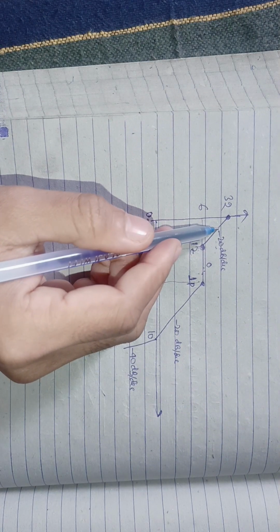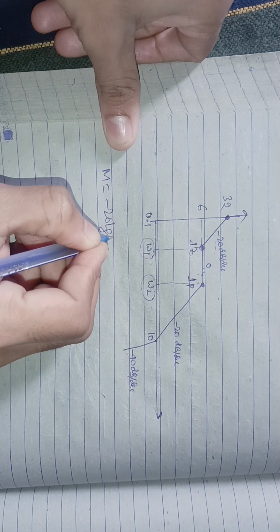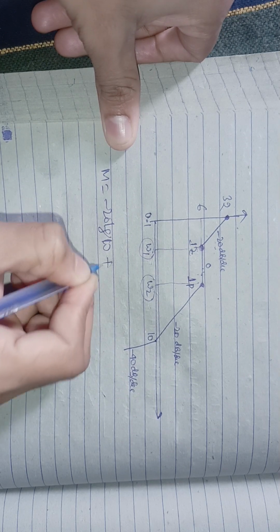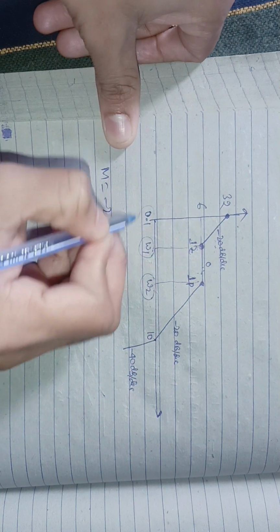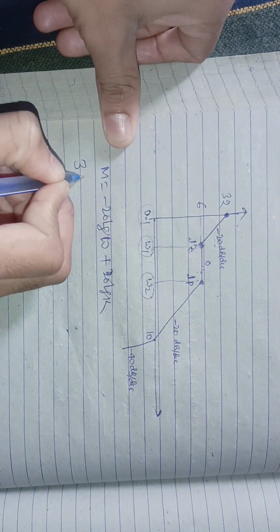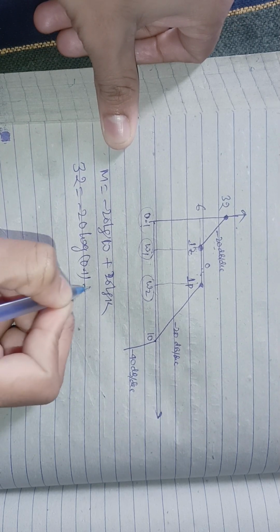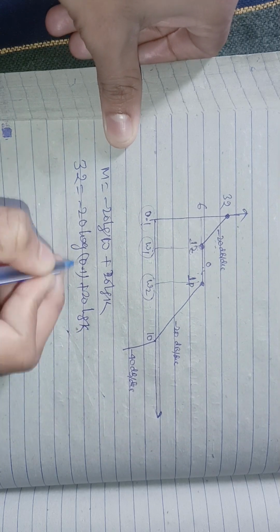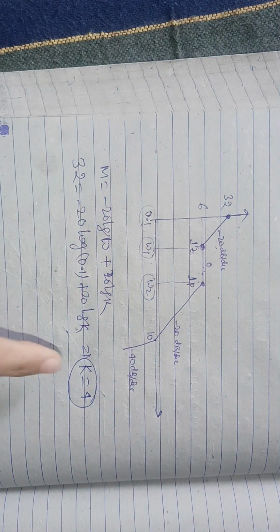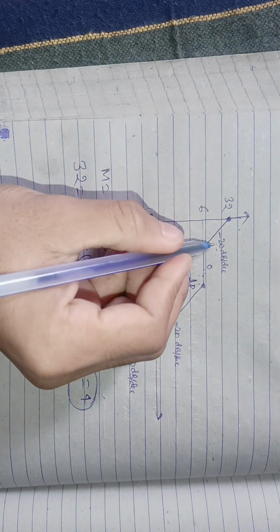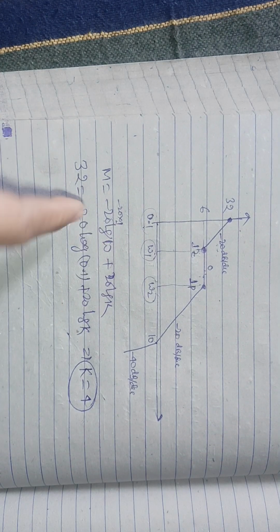Here a pole is there, minus 20 dB, so directly use magnitude equal to minus 20 log of omega plus 20 log of k. The magnitude is given at omega equal to 0.1 as 32 dB, so 32 dB equals minus 20 log of 0.1 plus 20 log of k. By solving these, we get k equal to 4. The initial slope is minus 20 dB, so minus 20 into r, where r is 1, gives simply minus 20 dB.